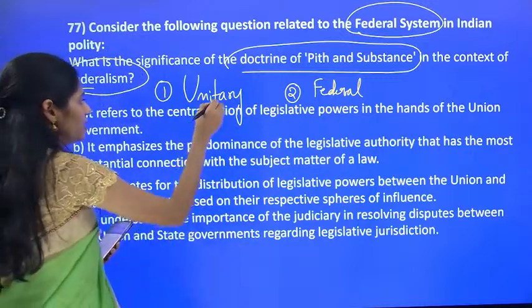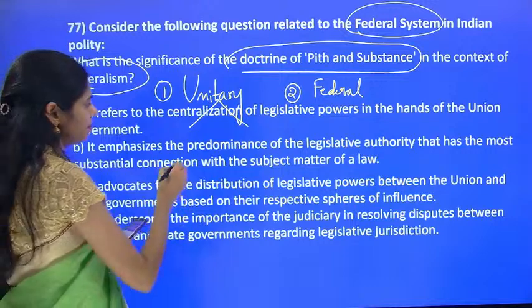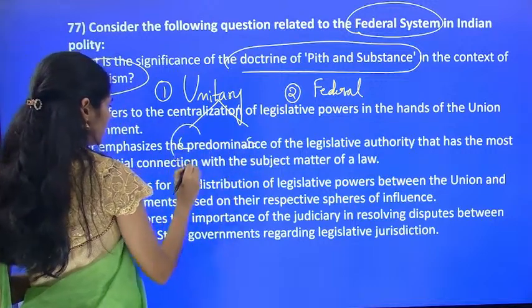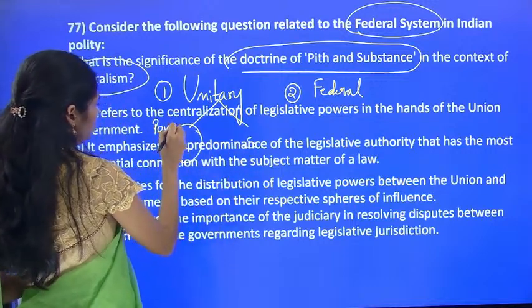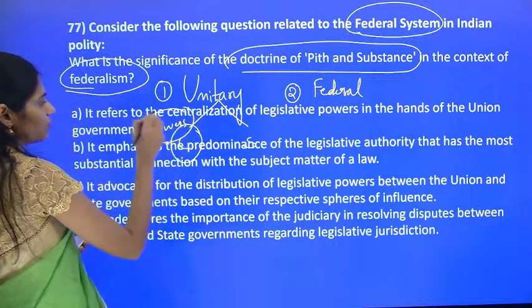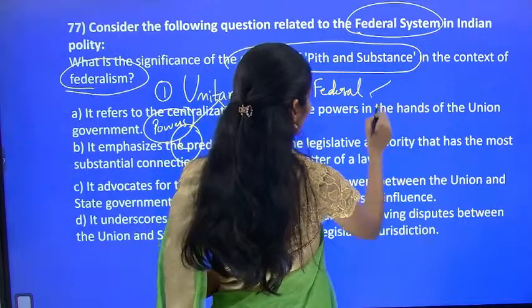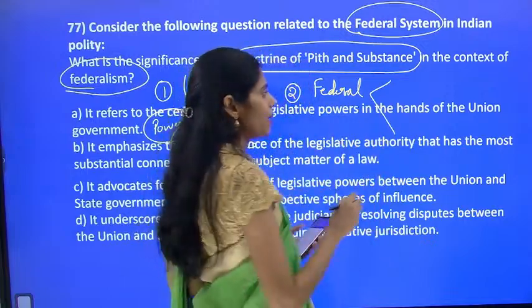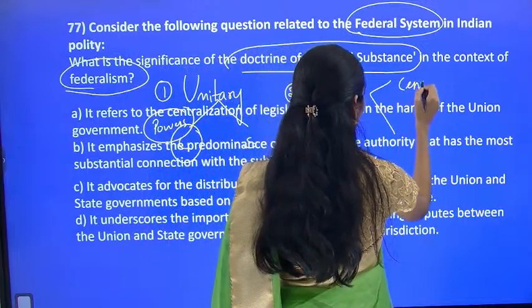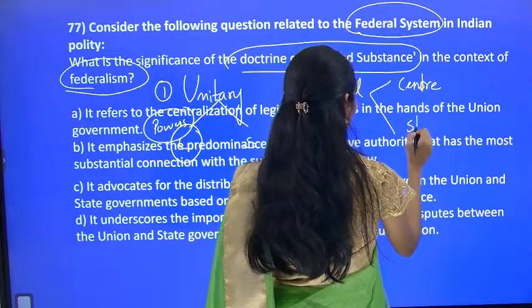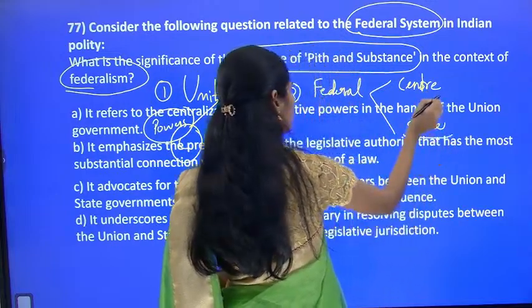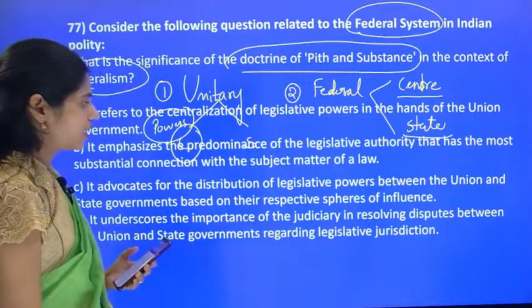Unitary means we have the center and state, but the center is more powerful, so powers are concentrated with the center. But in the federal system, we have proper sharing of powers between the center as well as the state.